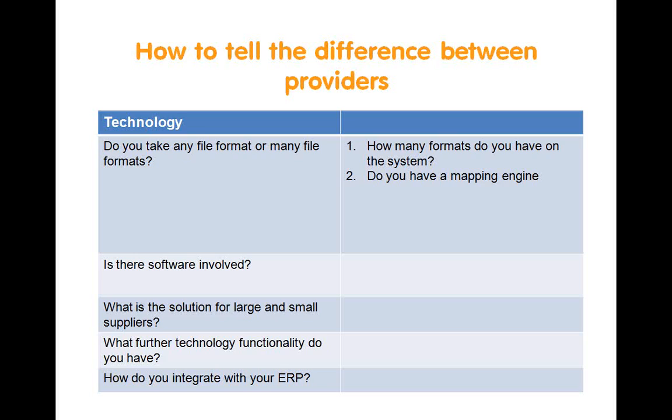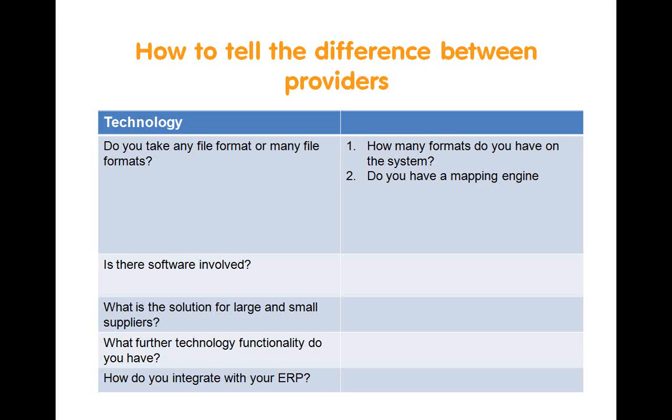It's still a little bit prescriptive for some suppliers who have bespoked their system so much. But if a service provider has a list of, say, 40 or 50 file formats that they can receive, then it should be relatively straightforward for a supplier to use.